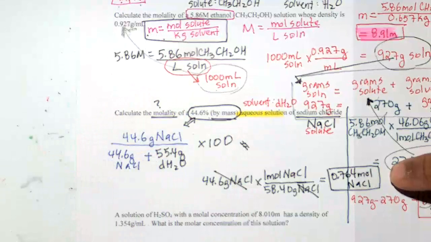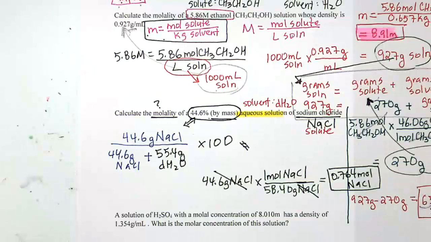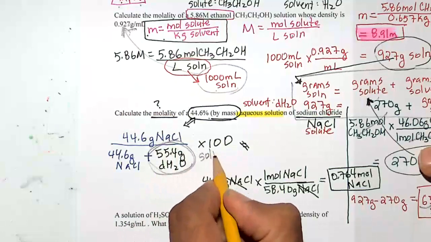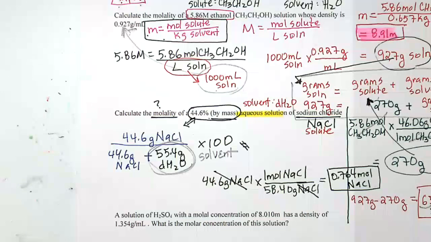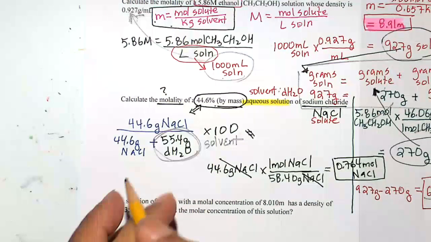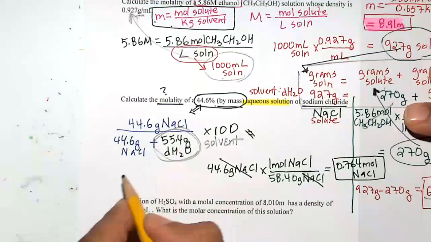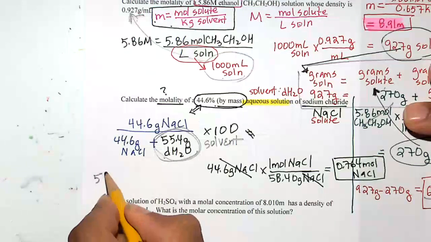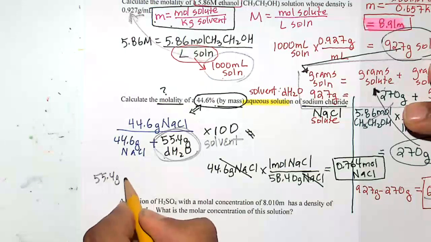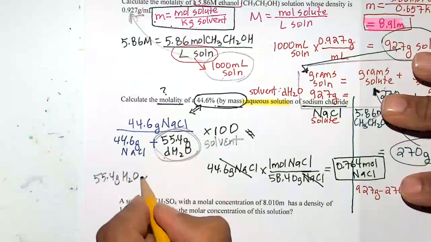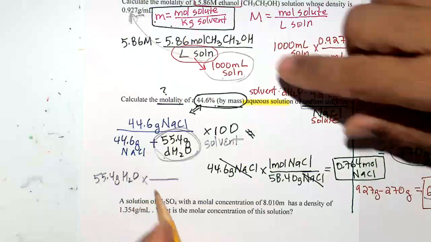Now, kilograms of solvent. Our solvent is water, so we'll convert that to kilograms. We move the decimal place 3 to the left. So 55.4 grams of distilled or deionized water.